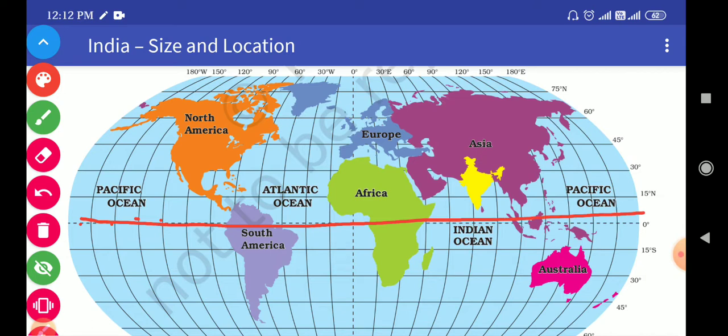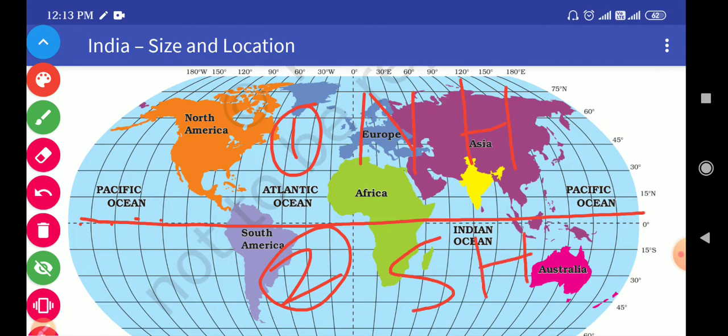The equator divides the earth into two equal halves. This is the upper part, and this is the lower part. The upper part is called the northern hemisphere and the lower part is called the southern hemisphere. You might be thinking, what is a hemisphere?